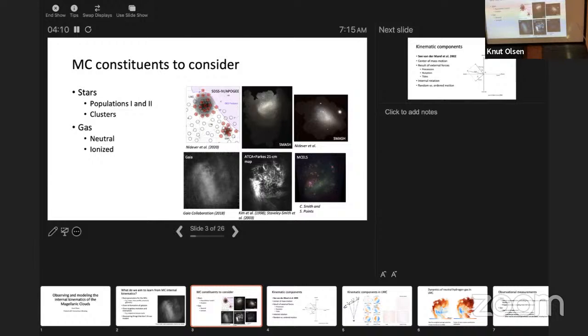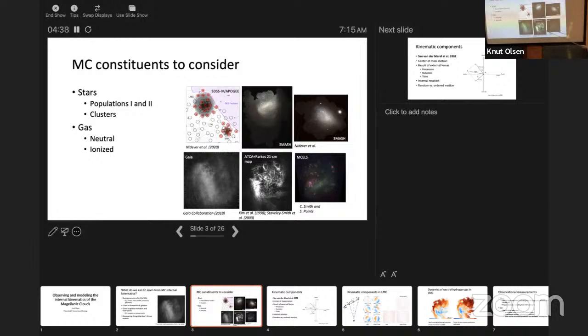So here is SMASH of the LMC and the SMC. These are surveys that we did using the Dark Energy Camera at the CTIO 4 meter. We have SDSS-IV APOGEE, which is taking spectra over many fields across the Magellanic Clouds. There's, of course, Gaia, which gives us the proper motion data, and now also spectroscopy for velocities.